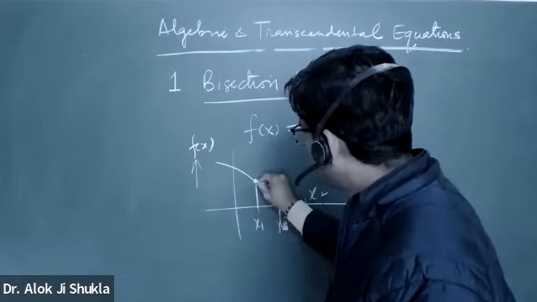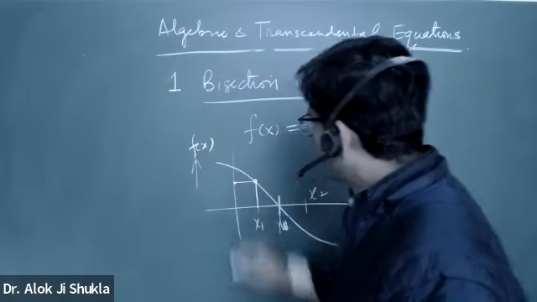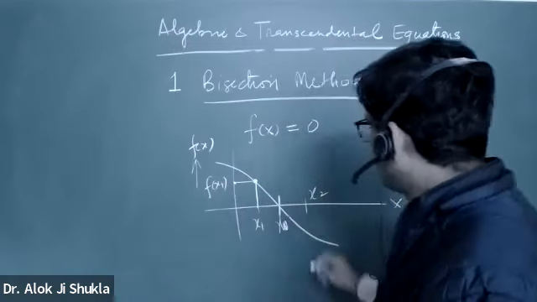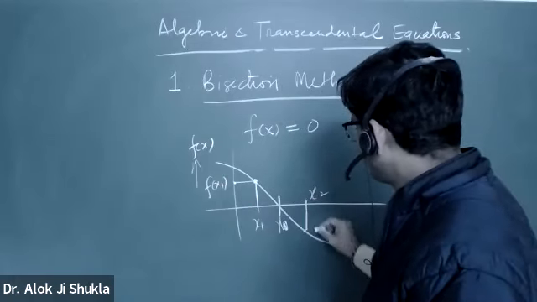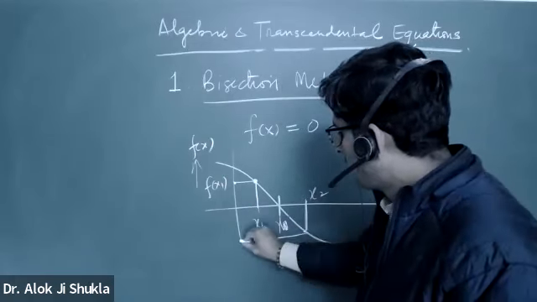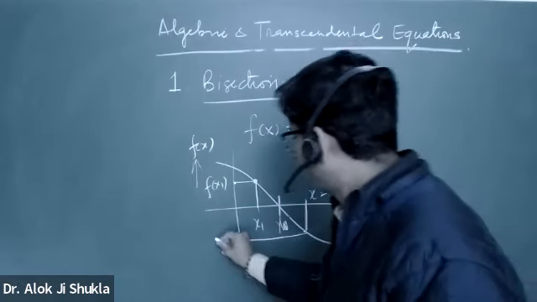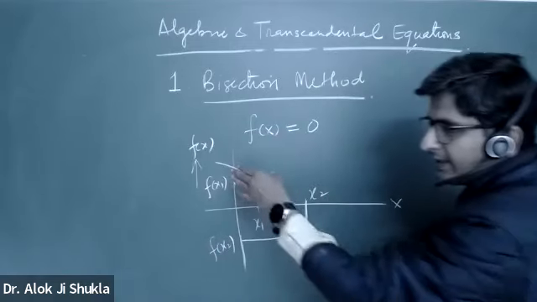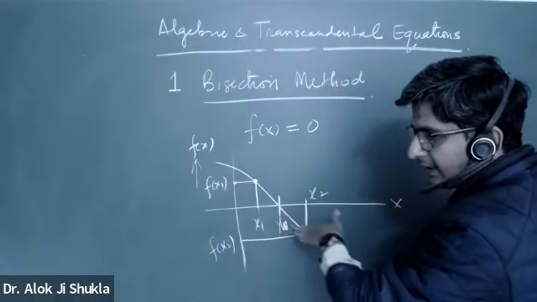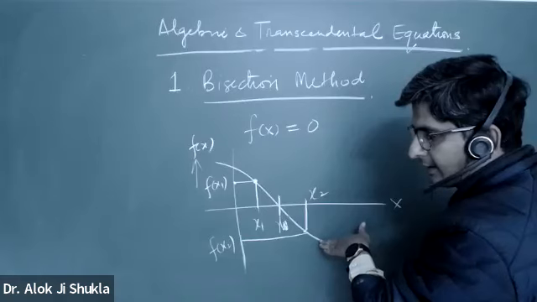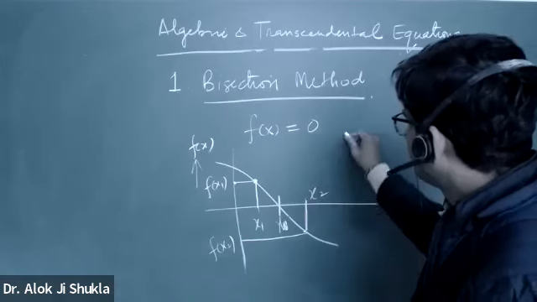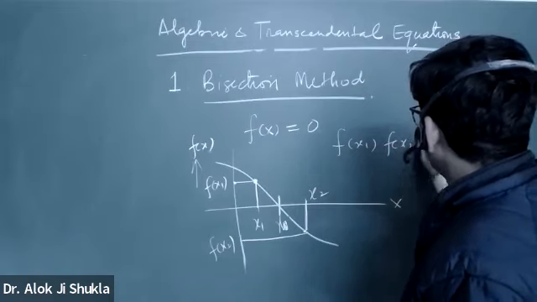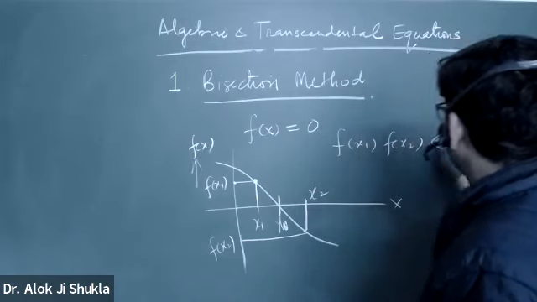At x1, the value of the function is f(x1), and at x2, the value of the function is f(x2). तो अगर ये ग्राफ इस तरीके से कट करके ऐसे जा रहा है, so that means f(x1) into f(x2) should be less than 0.